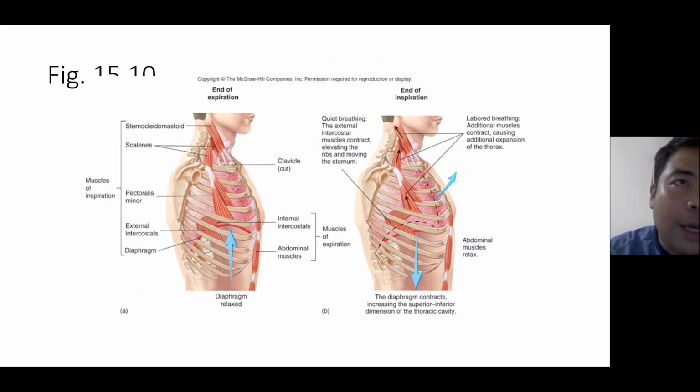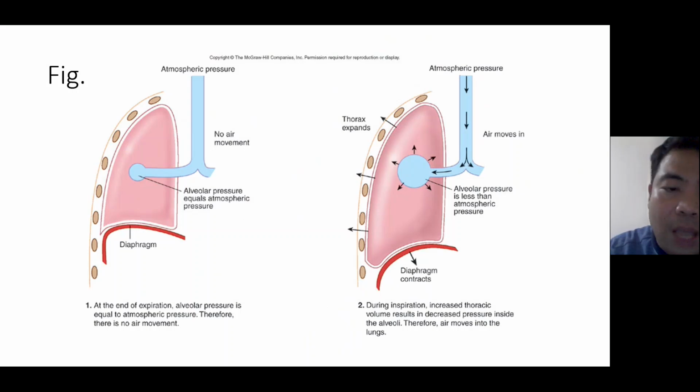And that cyclical changes in the volume of the thoracic cavity in the lungs results also to the cyclic movement of air into and out of the lungs. Yung hangin in the atmosphere, di ba? Na-i-inhale natin when we inspire, na-exhale natin when we expire. Okay? So we will now be discussing yung mechanics of ventilation.